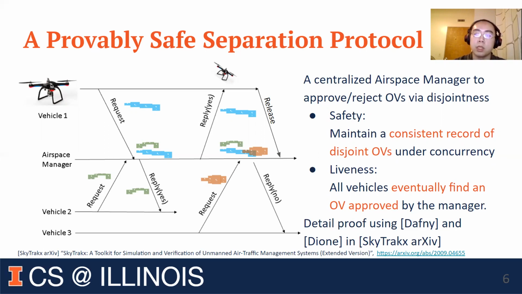The other property is to make sure that all vehicles can eventually find an operation volume approved by the manager, so that they do not wait indefinitely long. We will skip the detailed safety and liveness proofs here. We encourage interested audience to read our extended version of SkyTrakx on arXiv. Inside we provide detailed proofs of the safety and liveness, including how to apply automated formal verification tools using Dafny and Dione to prove part of the safety proofs.